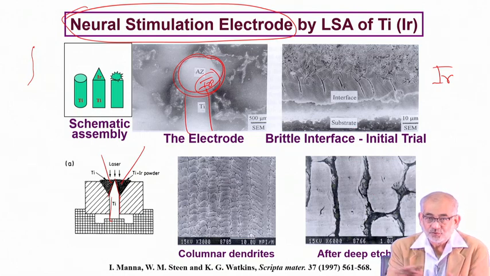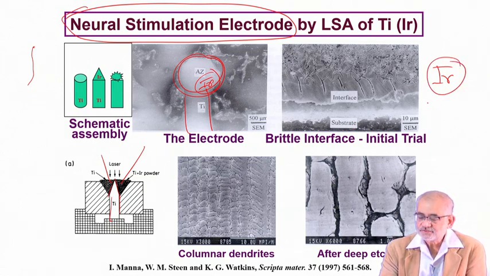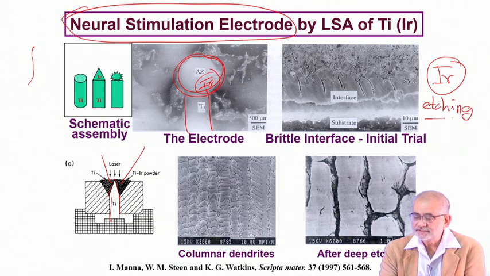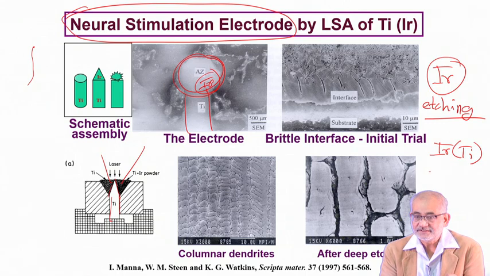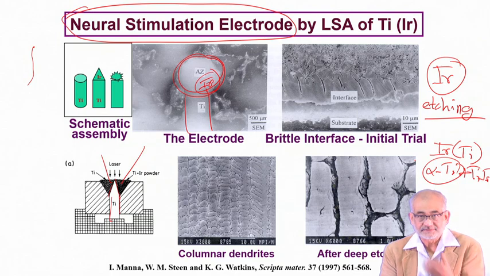The challenge was to create an iridium rich layer which also will be amenable to etching. Now how do you do that? Pure iridium will not etch, but when you create an iridium layer alloyed with titanium and make a two-phase aggregate, where you have alpha titanium plus TiIr or TiIr3 or one of these intermetallics, then this is amenable to etching.